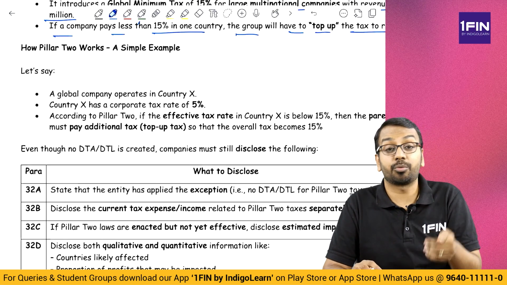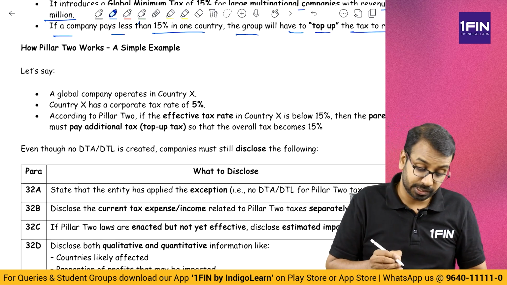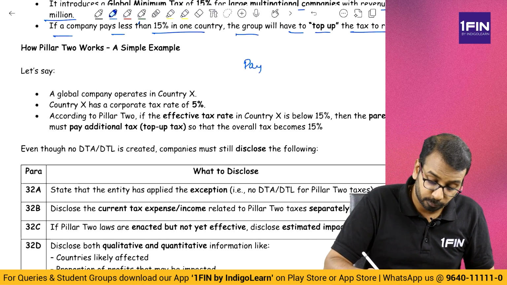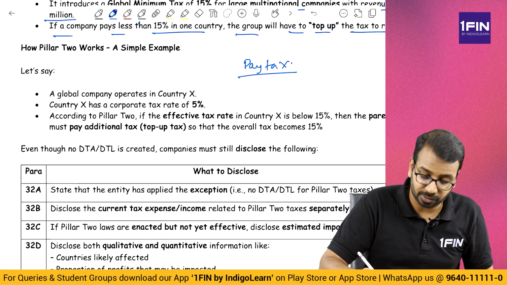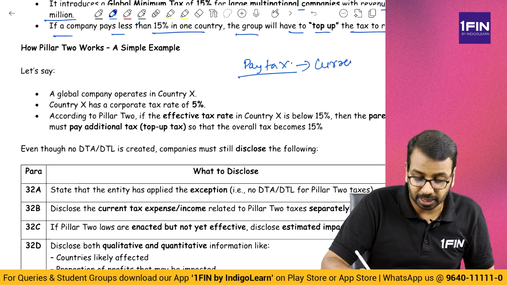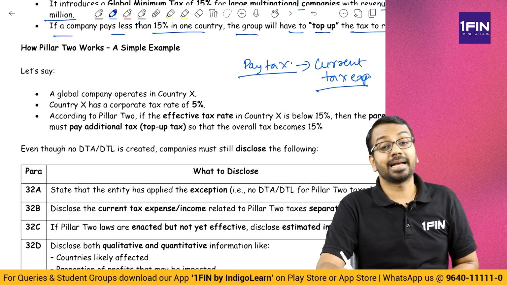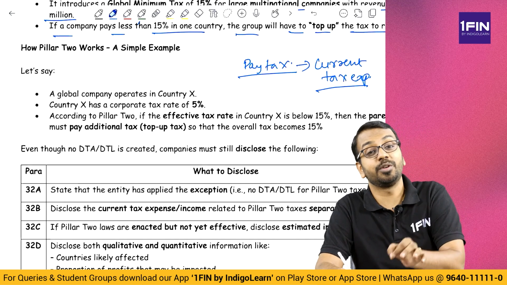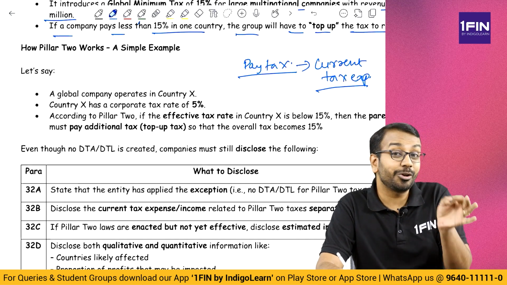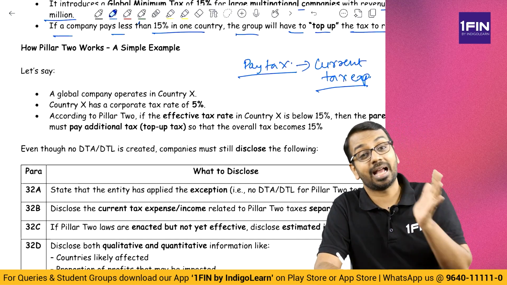Okay. Now, what does Accounting Standard 22 say? Accounting Standard 22 says that whatever tax you have to pay, whatever tax you have paid, you have to create current tax expense and current tax liability. Those provisions are applicable. Whatever you have paid, current tax provisions are applicable.